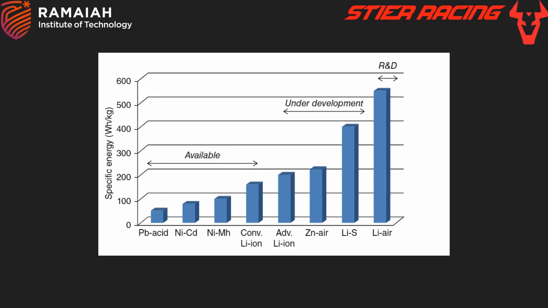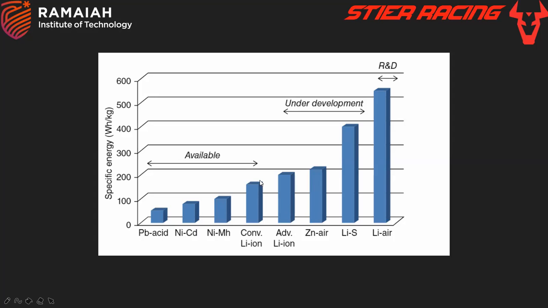This lead acid battery has a very low energy density, and as time progressed, new chemistries came forward, such as nickel cadmium and nickel metal hydride. For the past 2 decades, lithium ion batteries have been ruling the commercial industries.